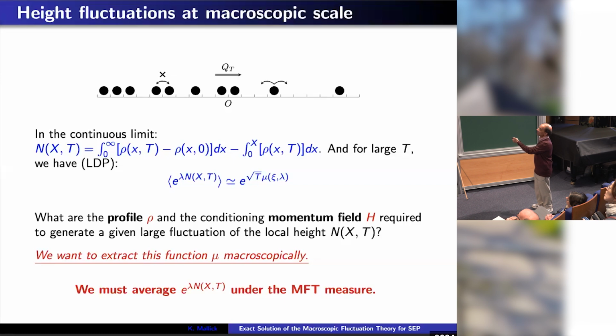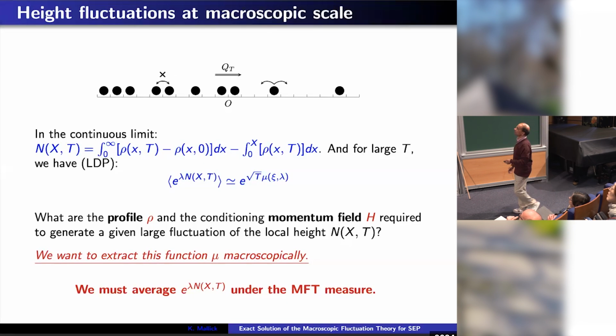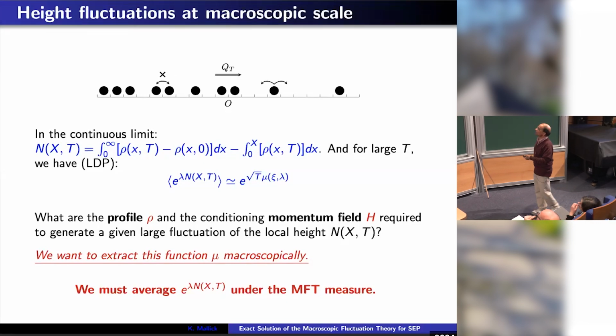So that's the current passing through 0, and that's the number of particles between 0 and x. So it's exactly the continuous limit of the previous formula.